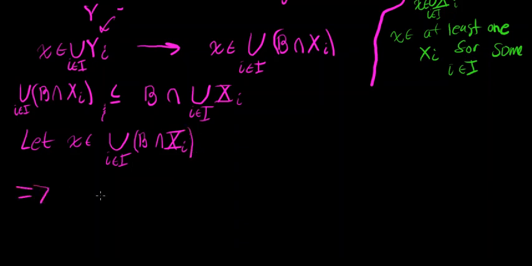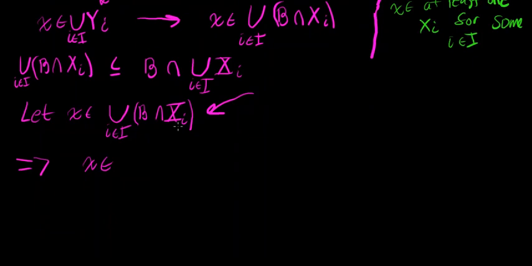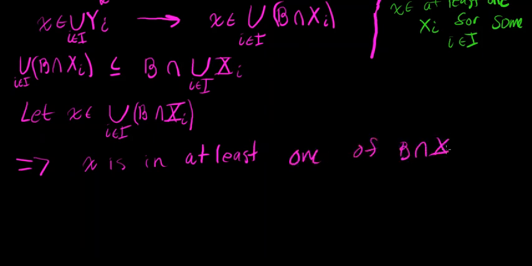Then that means, by what we just talked about up here, what it means to be in the union of any number of sets, that x is in at least one of B intersect x sub i.